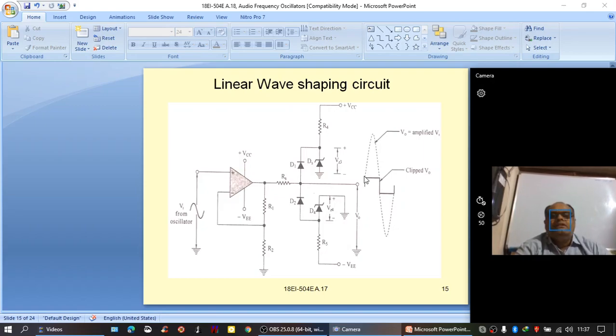Is that clear? How a Schmitt trigger circuit converts the sine wave into a square wave, and how the clipping circuit reduces the level of the output voltage transitions in the positive cycle and negative cycle.